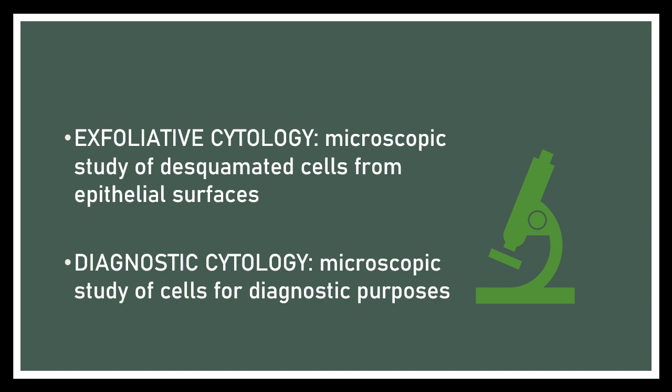In exfoliative cytology, your sample is exfoliated cells, of course. They are found in smears through spontaneous shedding or physical removal from epithelial cells and mucous membranes, like the buccal cavity, body fluids, and the vagina.